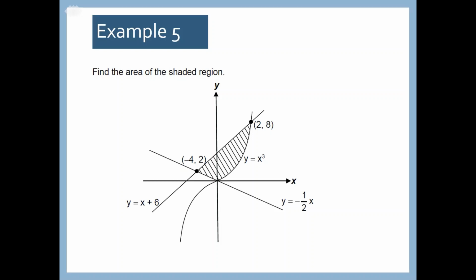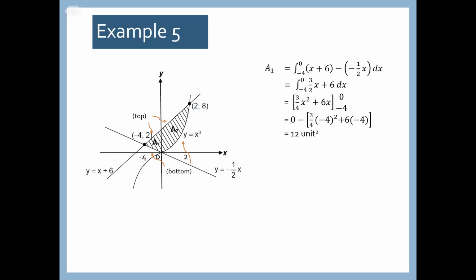Find the area of the shaded region. As the area is determined by three functions, it will be easier to split the area into two shaded regions denoted by A1 and A2. For A1, the top function is y equal to x plus 6 and the bottom function is y equal to negative 1 over 2x.